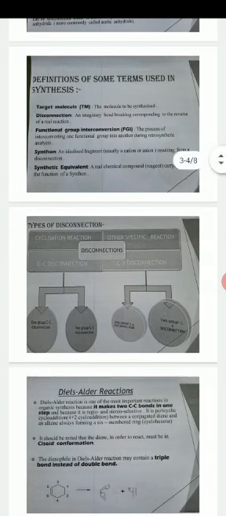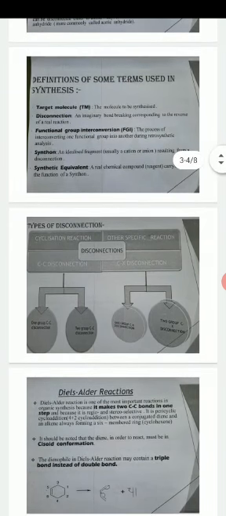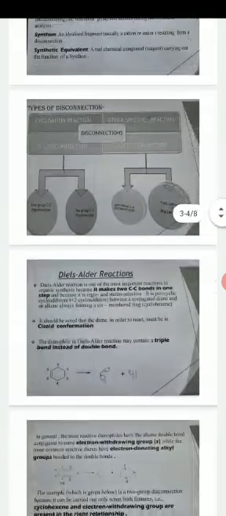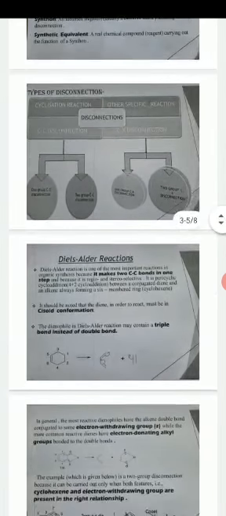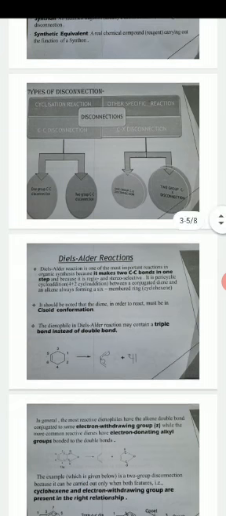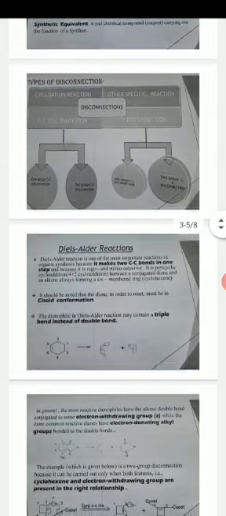To explain disconnection we can take a more common example, the Diels-Alder reaction. The Diels-Alder reaction is one of the most important reactions in organic synthesis because it makes two CC bonds in one step and because it is regio- and stereoselective.